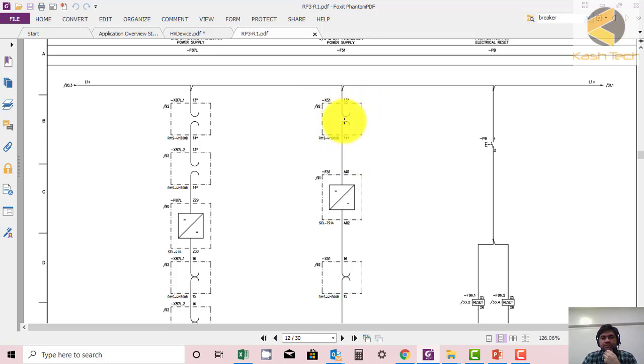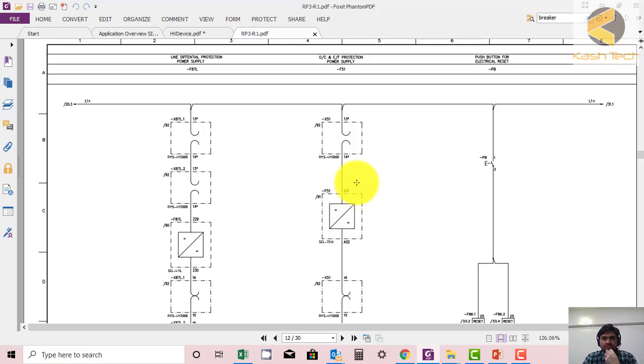And when you open this, if you notice, this is an open contact and this is the closed contact. So test plug contacts are shown as the plug is not inserted. This is the normal position of the test plug. What is the normal position of the test plug? It is as the plug is not inserted into the test socket.